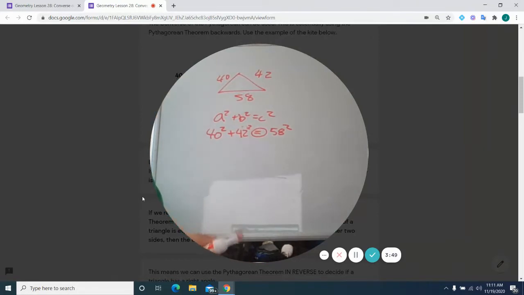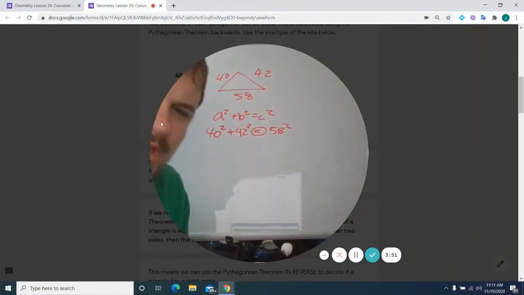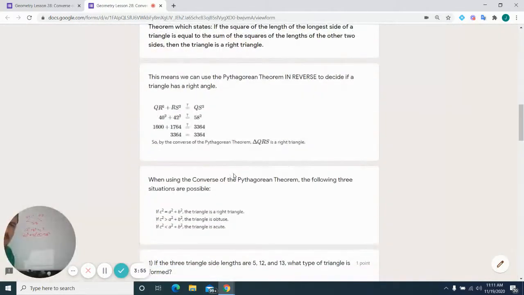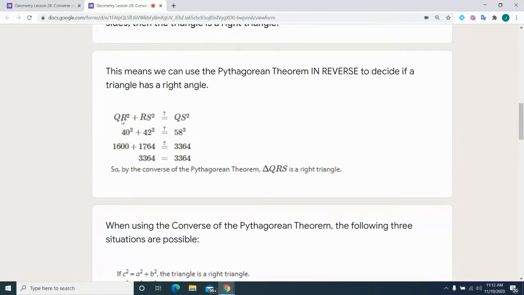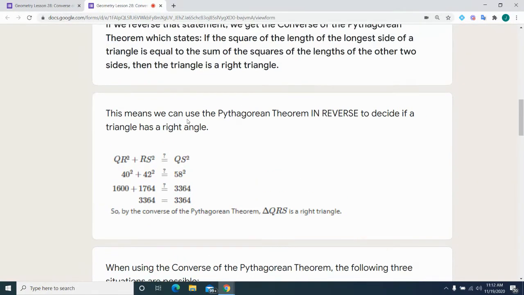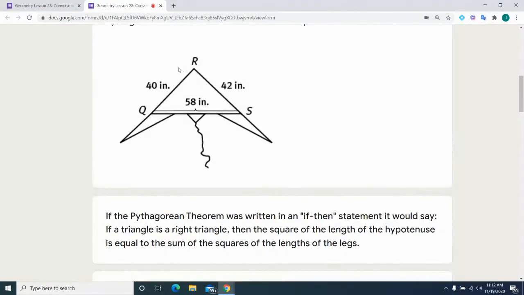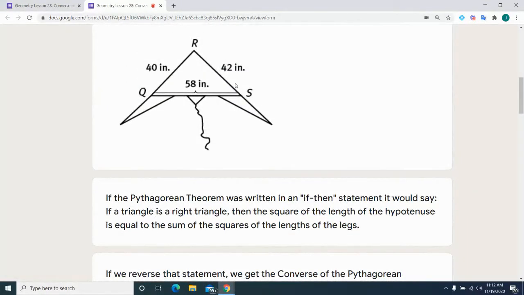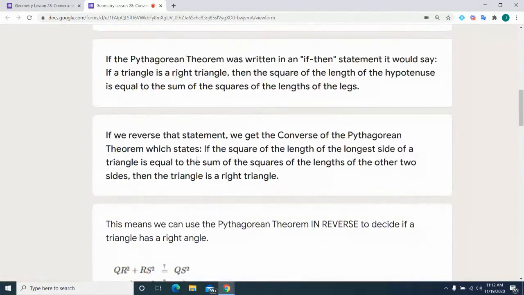It's just not right. If you look, they solve it for us right here in this example. Look at what they do. They're not writing a squared plus b squared equals c squared, partly because we don't know for sure it works yet. So they're just doing side QR squared plus RS squared should equal QS squared.